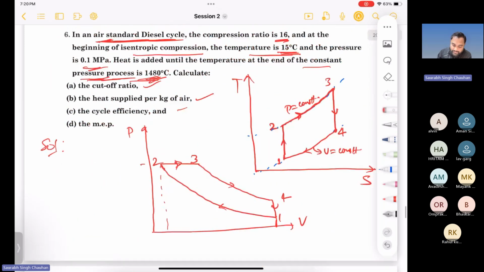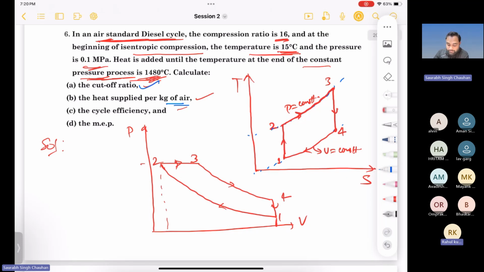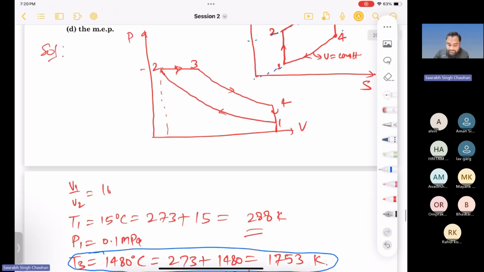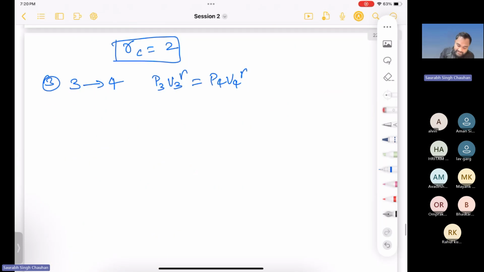What we have to find? The cutoff ratio we have already found. We have to find the heat supplied per kilogram of air. So in which step is heat supplied? In 2 to 3, constant pressure heat addition. So heat addition is at constant pressure.